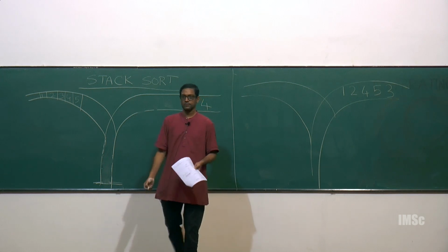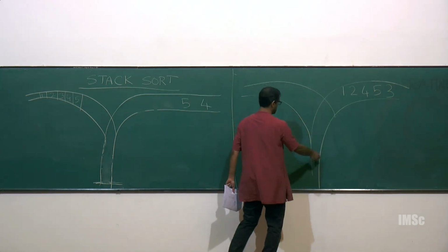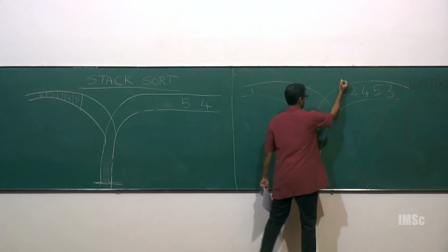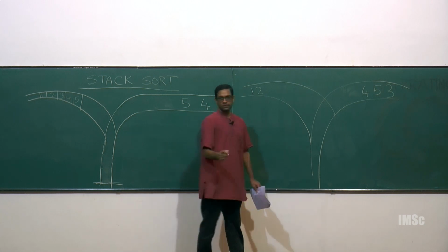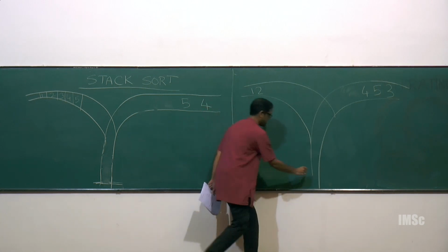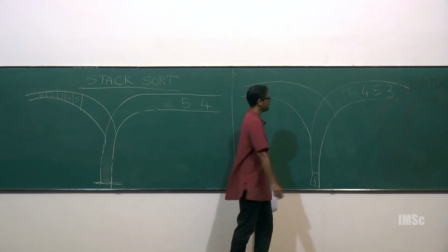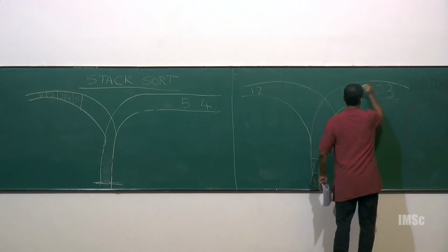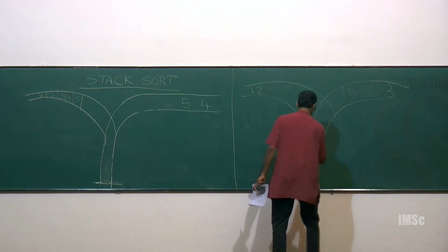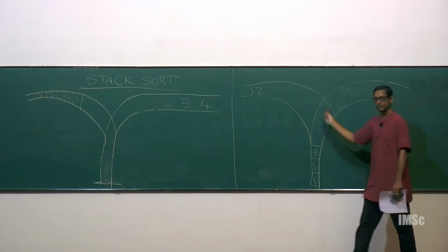So what will happen? 1 goes in, goes back out. 2 goes in and goes back out. 4 goes in and is parked. 5 goes in as well. 3 goes in, and then 3 goes out.